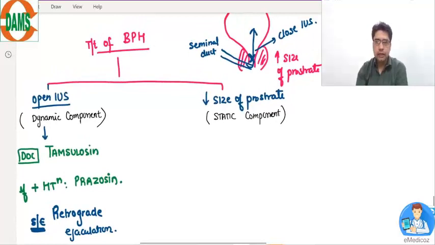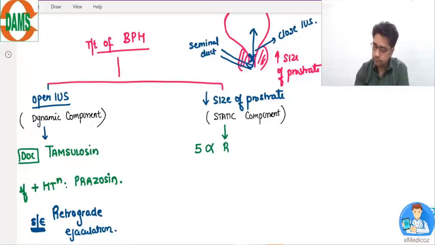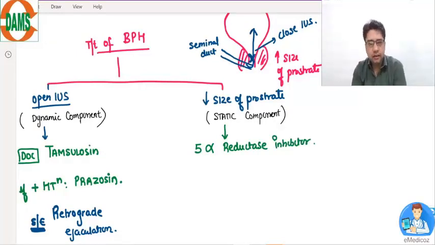Now, to decrease the size of the prostate, we give a drug, you will write 5 alpha reductase inhibitor. See, tamsulosin is an alpha 1A blocker.